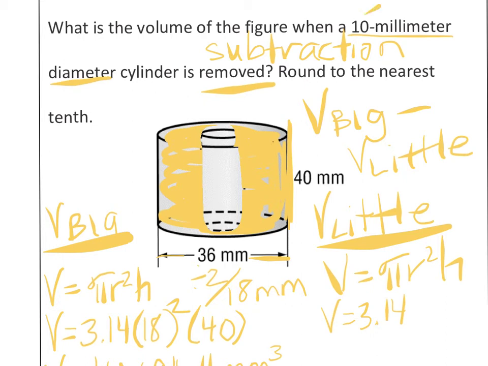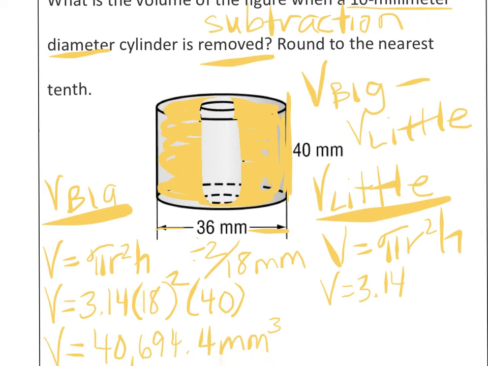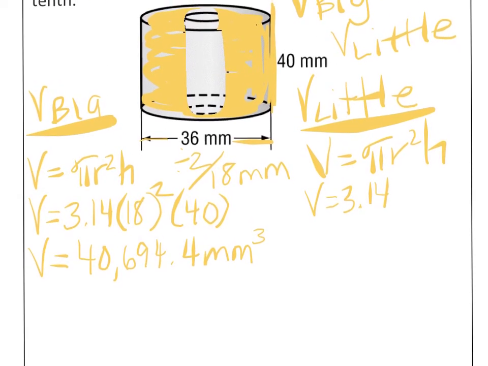So I know if I divide that by 2, that will give me 5 millimeters as the radius of my little cylinder. So I can substitute, in place of the radius, I can put 5 and square it.